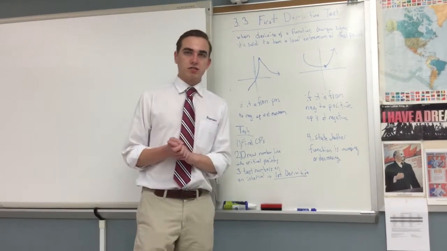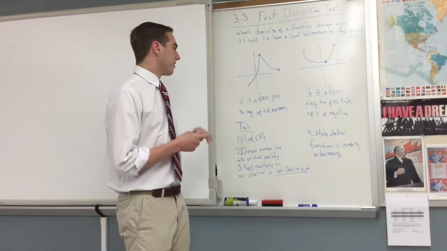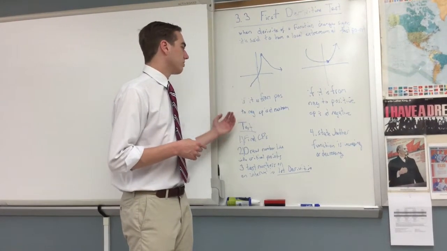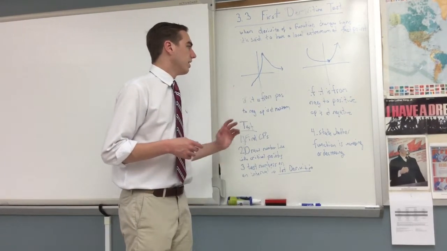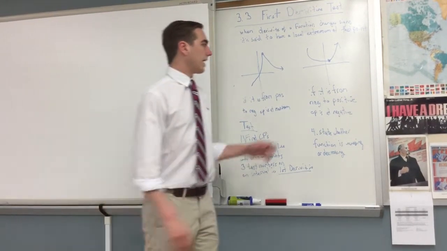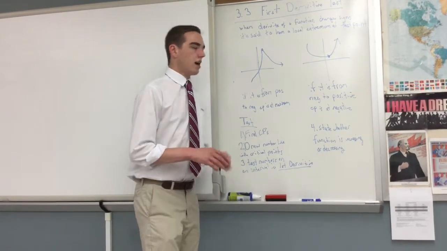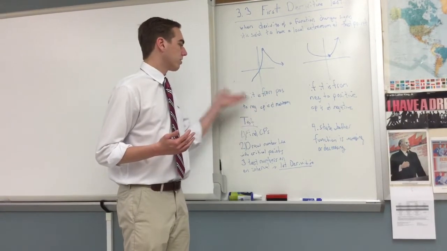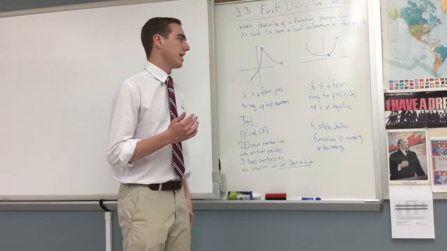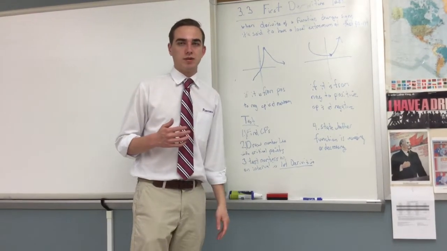What these critical points and local extrema are depends on if the function is moving from positive to negative, like in this one, or from negative to positive, like in this one. In this example, the critical point would be at the function's maximum, and in this example, at the function's minimum.